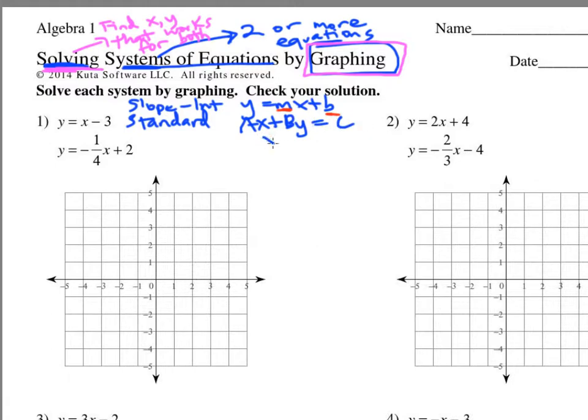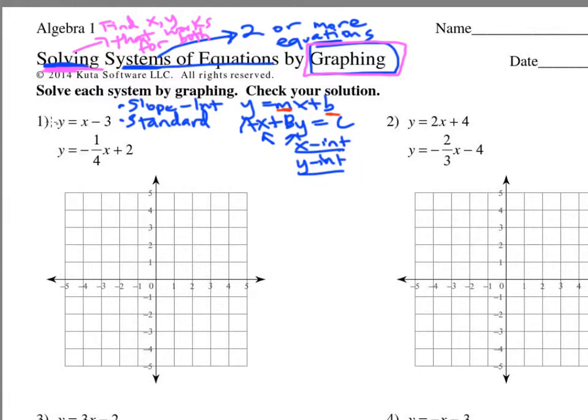So the difference is you have x and y on the same side. And remember, for standard form, we would find the x-intercept and the y-intercept. Okay, so two different types, slope-intercept and standard. If y is by itself, we do begin and move. If x and y are together on the same side, we find the x and y intercepts.